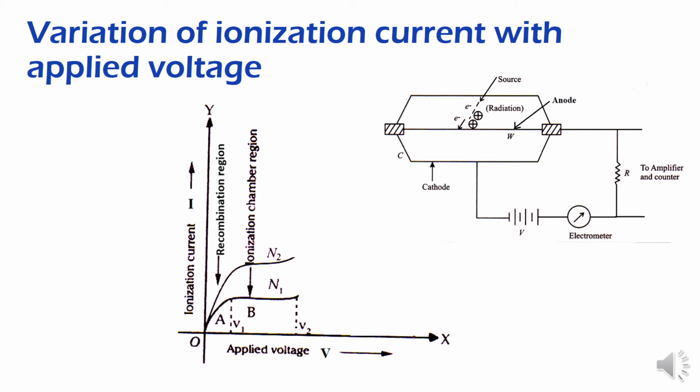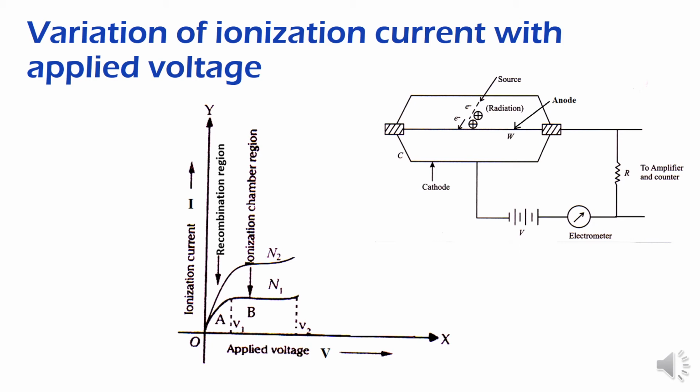In this voltage region, the primary ionization is completely measured, and with that information, you are able to identify the particle.